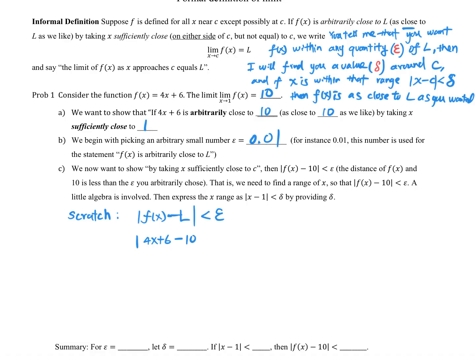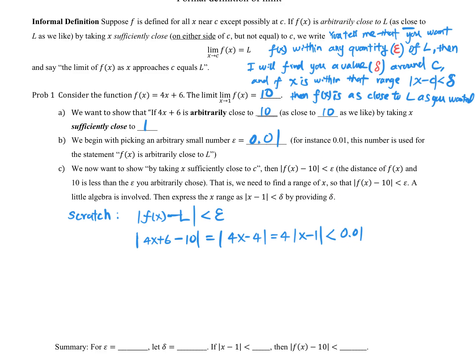Let's simplify this a little bit. This is equal to the absolute value of 4x minus 4, and 4 can be pulled out, so I'm left with 4 times the absolute value of x minus 1. I want to show that this is less than 0.01. That's the epsilon arbitrarily chosen; it can be any other smaller value.